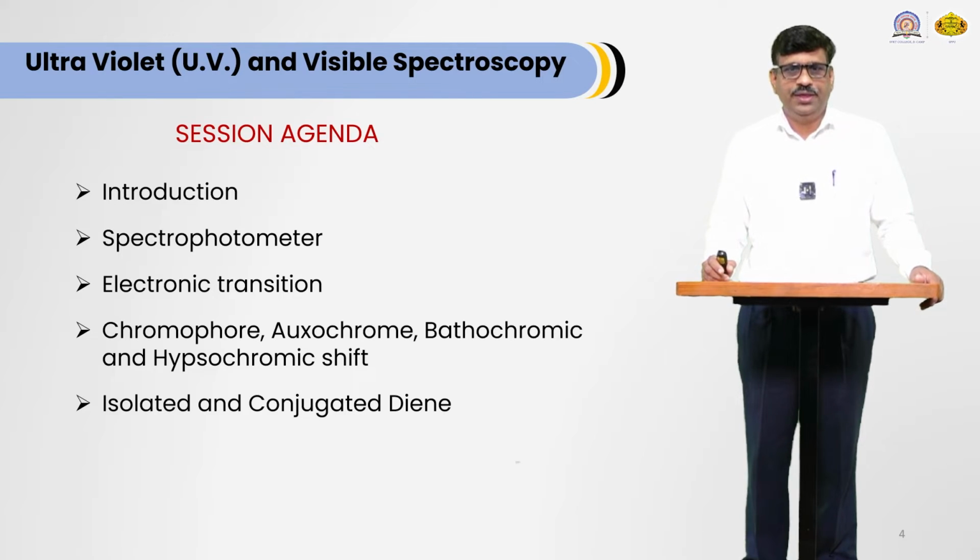Then we are going to see electronic transition or electronic excitation. We are going to see different terms used in UV spectroscopy, that is chromophore, auxochrome, bathochromic shift, hypsochromic shift, and finally we are going to see isolated and conjugated dienes.